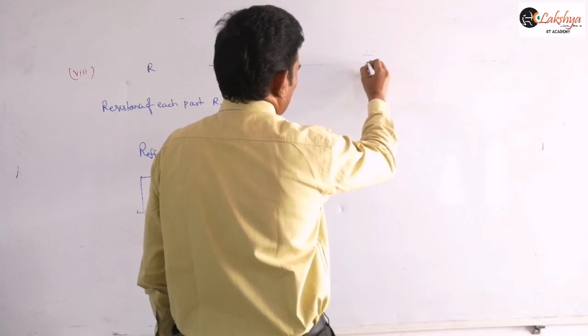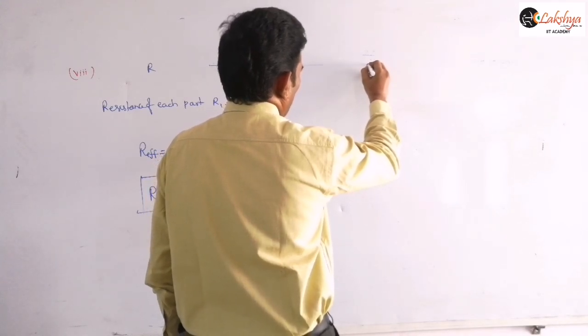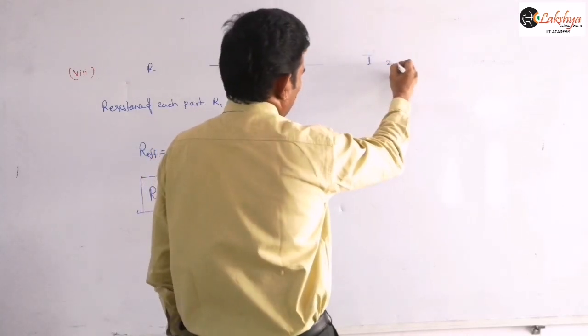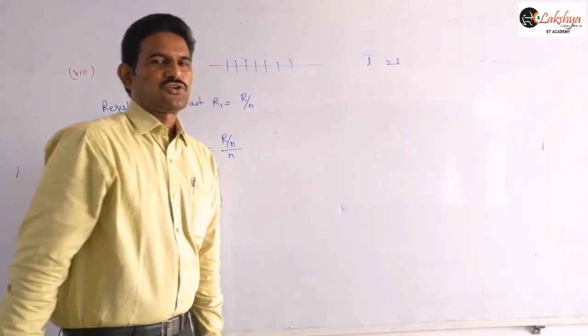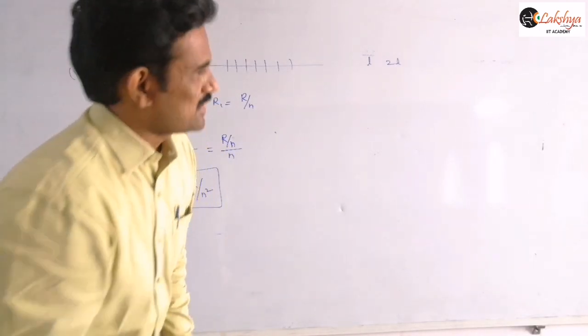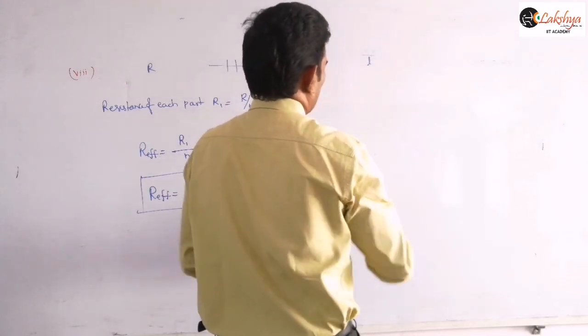Two resistors having lengths L1 and L2, let us take this as L1 and L2, then you will get a general formula.